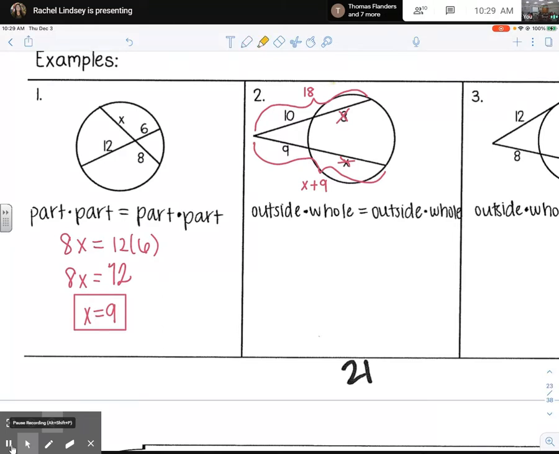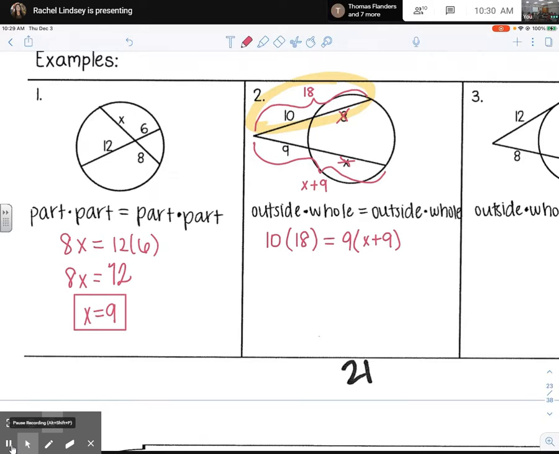So now, looking at this top one, outside is 10 times my whole, which is 18. Looking at the bottom, what's my outside? 9's my outside. The whole is x plus 9. Either way, you would need to do 9 times x plus 9 and 10 times 18. Those two numbers multiplied together equal those two numbers multiplied together.